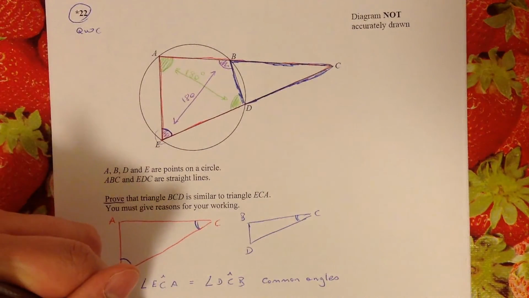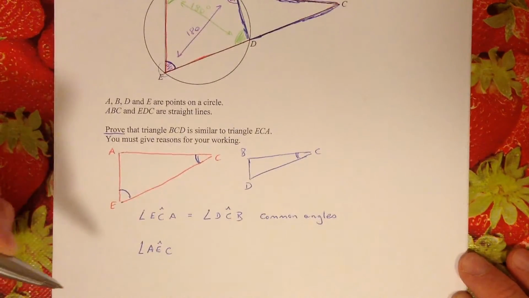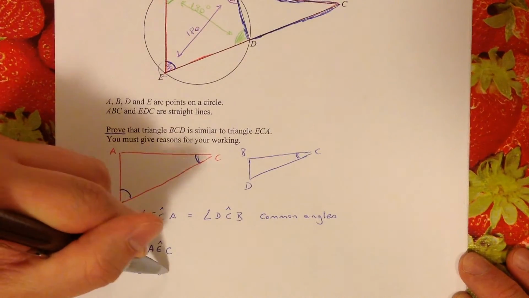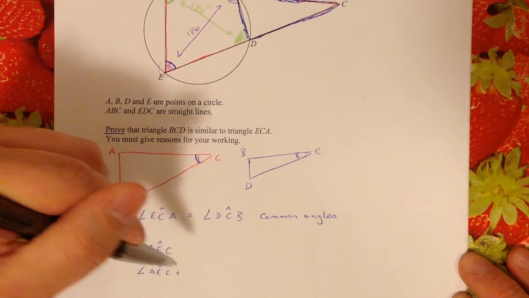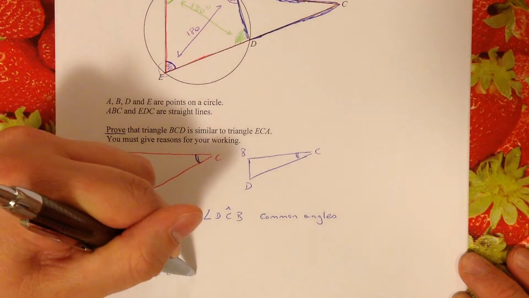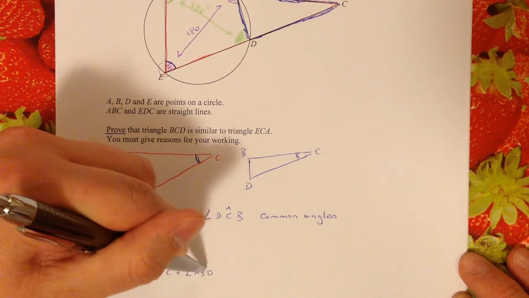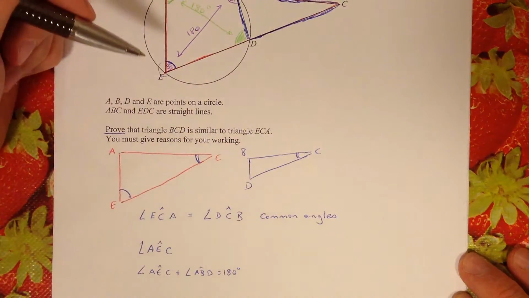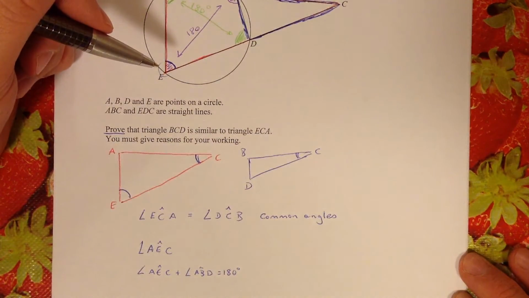So we could say that angle AEC plus angle ABD equals 180 degrees, because of this concept of angles in a cyclic quadrilateral.